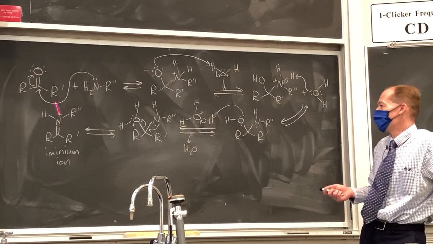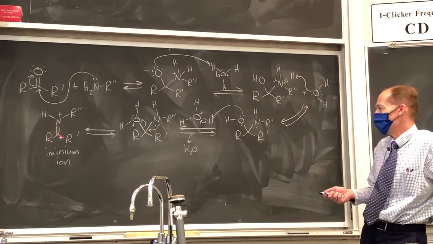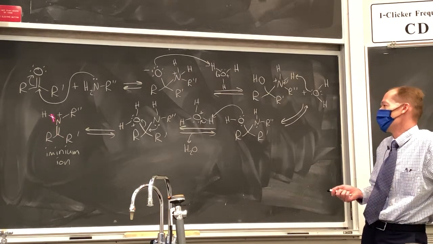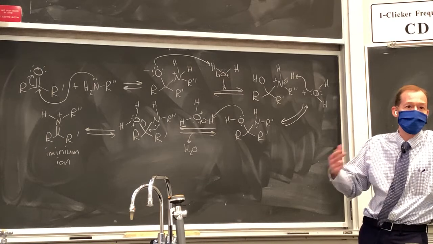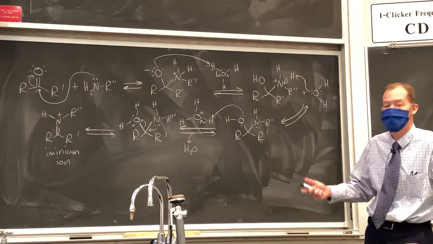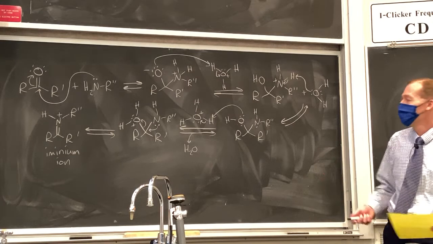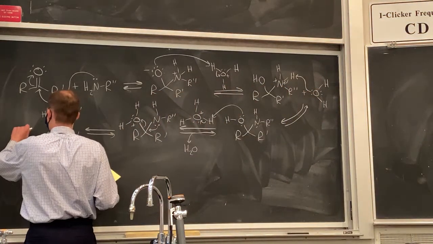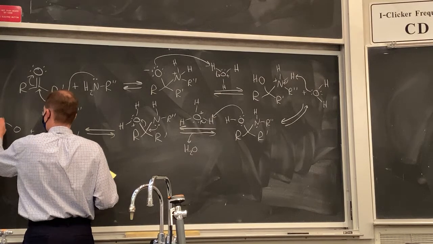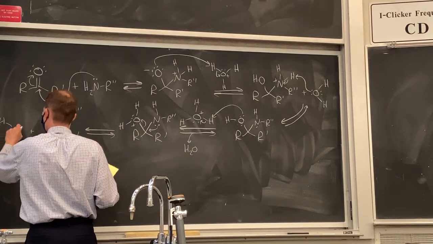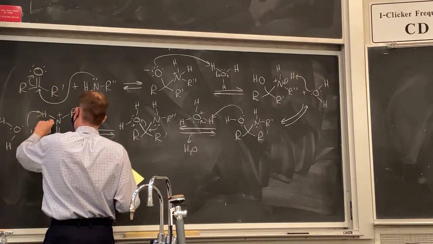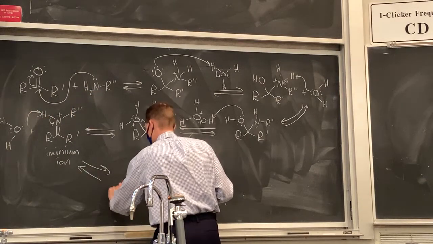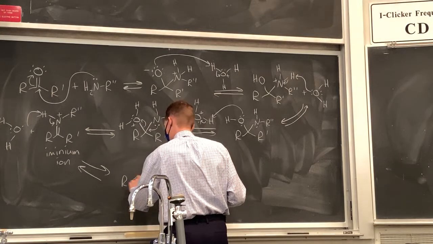You can draw a minor contributor without this double bond and a positive charge on the carbon. But this is the major contributor, so I prefer to draw the mechanism in a way that involves the major contributor. Okay? And we eliminated out water in this step, so we can use our water molecule to deprotonate our iminium ion and form the imine product.